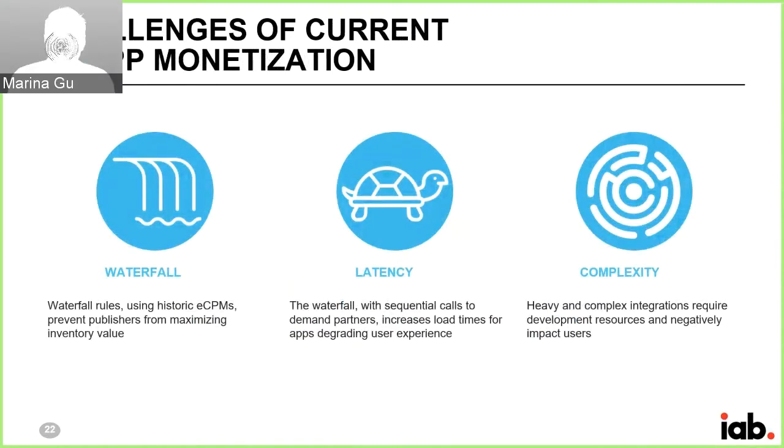And so why would a header implementation matter for in-app monetization? So I talked a little bit about some of the yield benefits that publishers see when we're in a desktop environment. But from a mobile app environment, there's a couple of nuances that I want to touch upon.